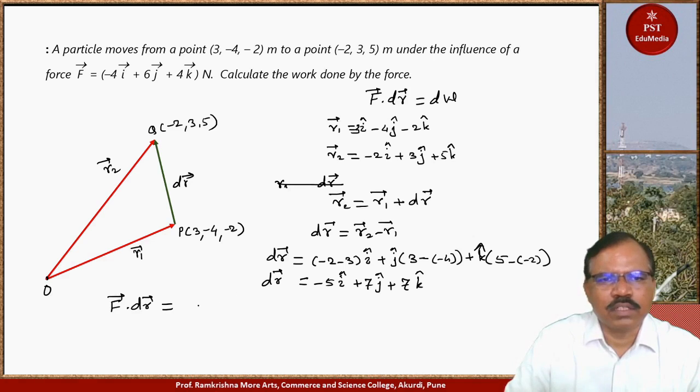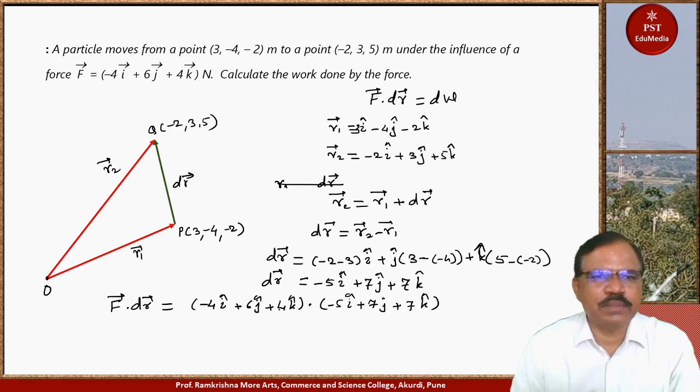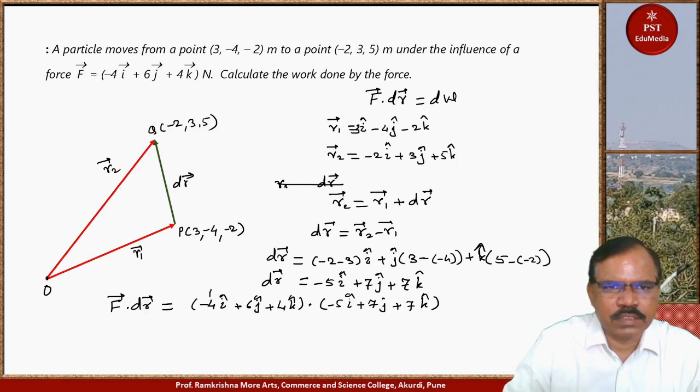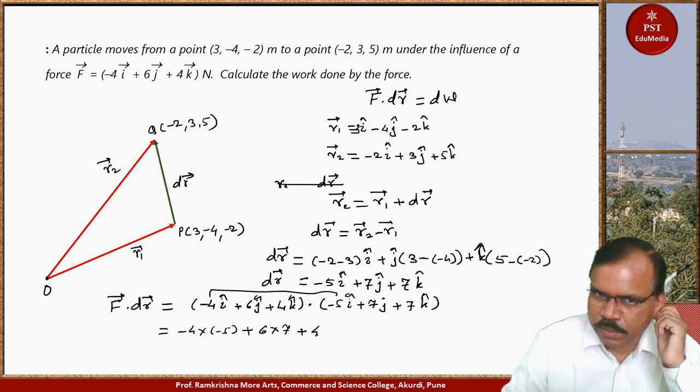Now this is a dot product. F is minus 4i plus 6j plus 4k, dot minus 5i plus 7j plus 7k. For the dot product, ax bx plus ay by plus az bz. So minus 4 into minus 5 plus 6 into 7 plus 4 into 7.